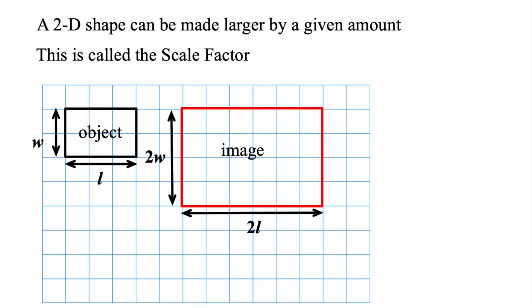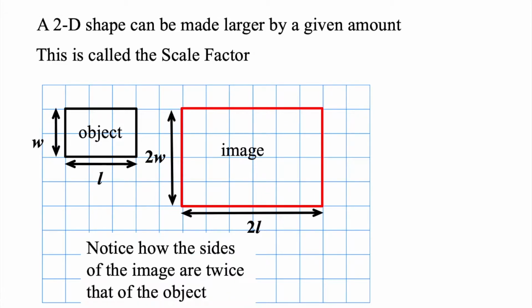So then the new image will have the length and width that is twice the previous one. This means the scale factor is 2, because the size of the object is twice as big as the original one.